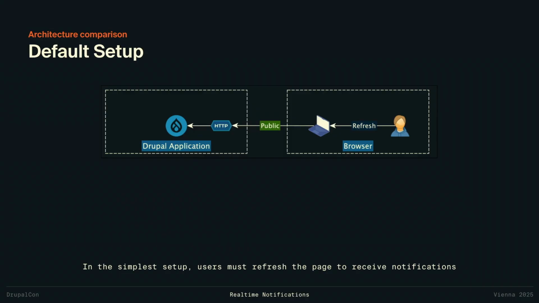You see it's unidirectional, because the request has to originate from the client side, and then Drupal will serve it and just terminate the connection. So that's the default setup. It works well for serving pages, but for notifications, not so well.